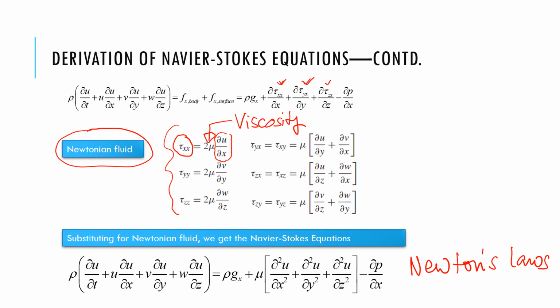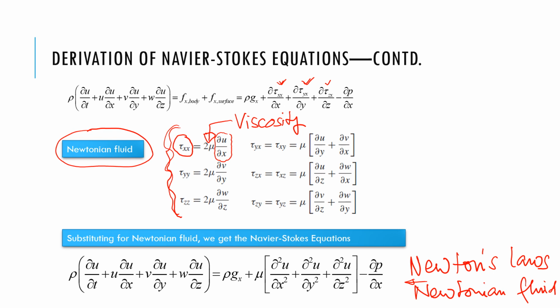But this particular form here also uses these relations, which are for one type of fluid. So it's Newtonian fluid. So these are for Newtonian fluid. So we have to remember that.